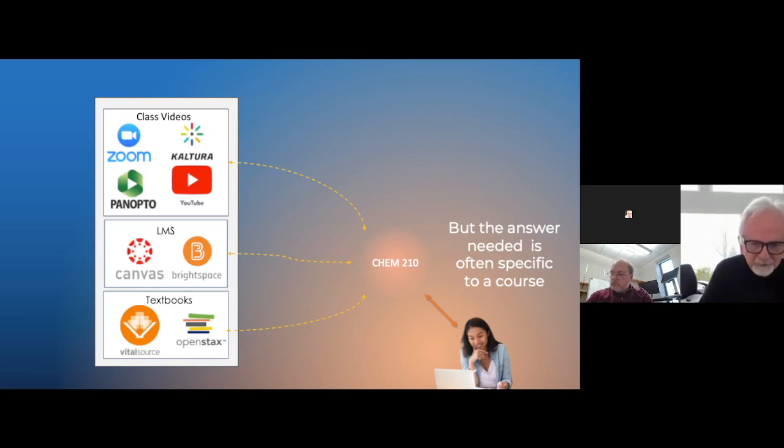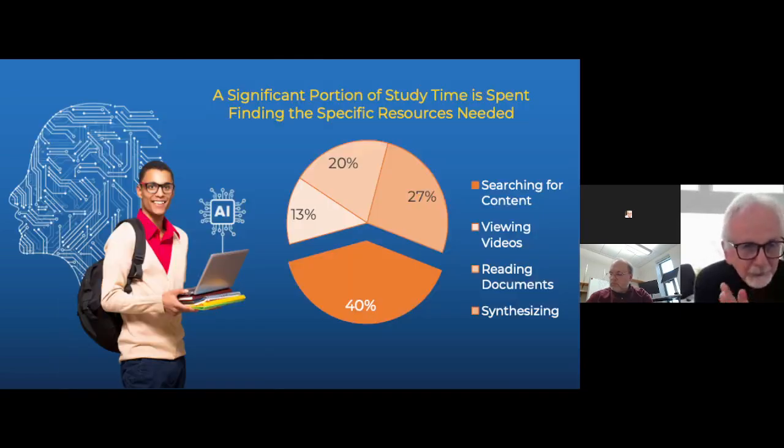First of all, if you look at the data, think about it yourself. You have to go out and do research on a topic, whatever topic that might be. I want to make a carrot cake. I'm going to go out and try to find the information about how to do that. But I'm going to spend a fair amount of time simply identifying what the content is and where that content I need is.